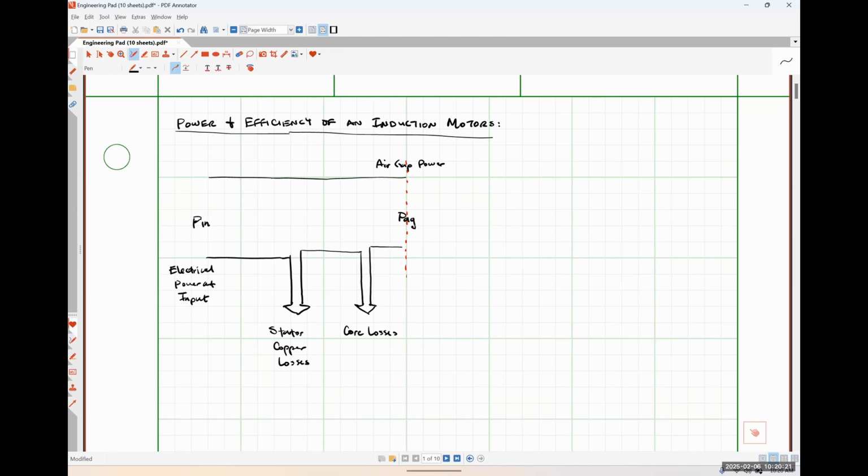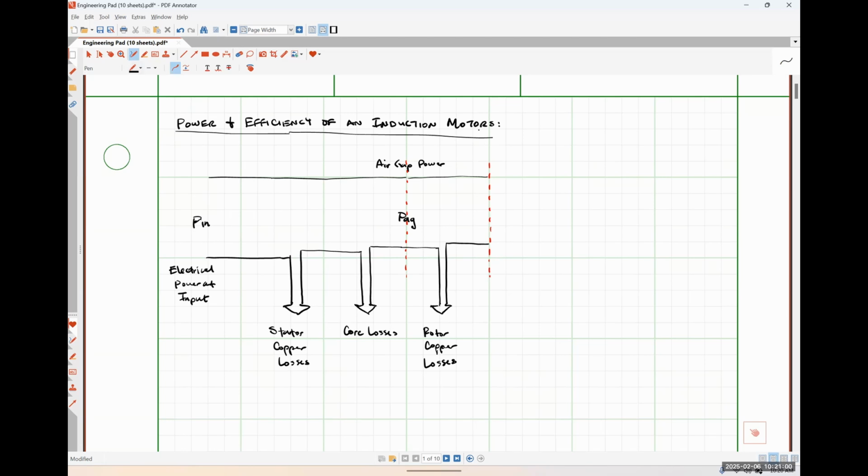After we cross the air gap, we're now in the rotor, and we know that the rotor has some windings as well. So we should see some losses associated with those rotor windings. Here are our rotor copper losses. Now we are at the point where we're looking at the mechanical energy of our system. I'm going to put another dashed line here.